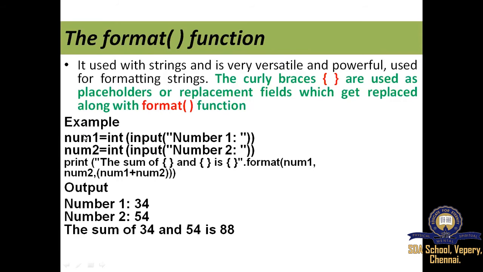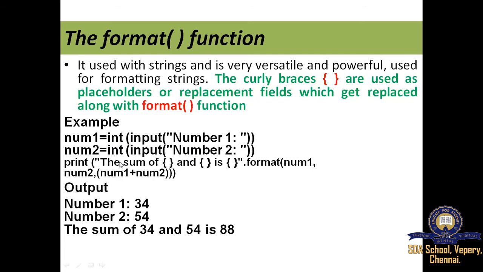Now look at the example given here. They have declared two variables, num1 and num2. For both variables, the program gets input from the user at runtime. You all know Python accepts input only as a string, so we have to convert the given input to integer using the int function. The first input is stored in num1, the second input in num2.